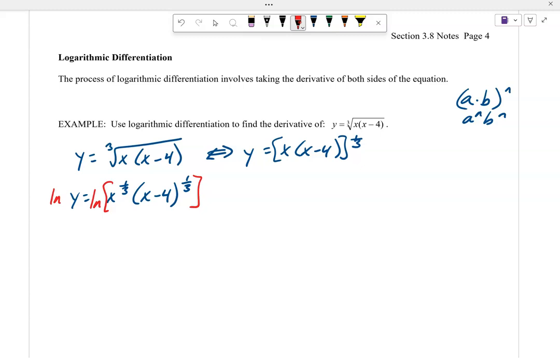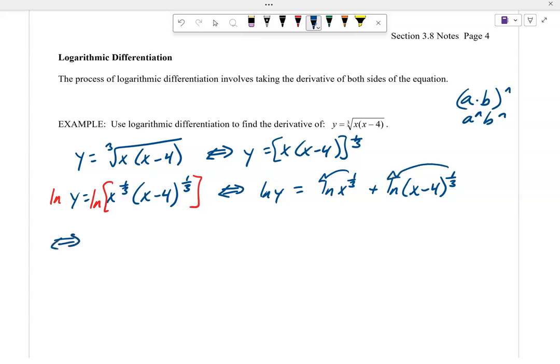Now that I have the natural log of y, over here, since I have a natural log of x, x minus 4 to the 1/3, I can break that up with the product rule, since it's now a logarithm. And I can use the power rule, so I can put those 1/3 in front.